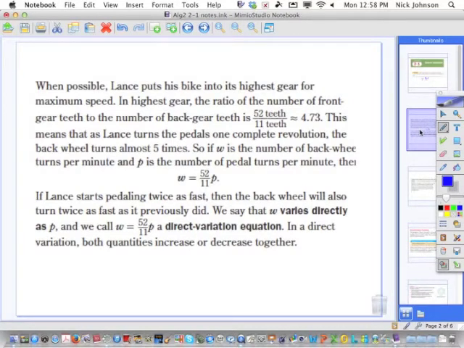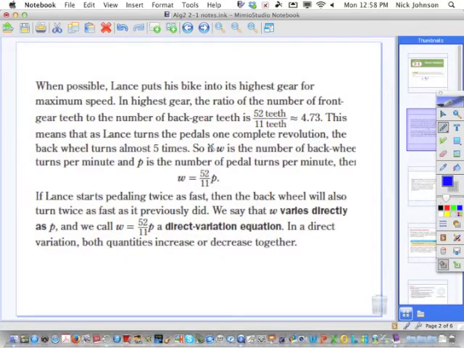When possible, Lance puts his bike into its highest gear for maximum speed. In the highest gear, the ratio of the number of front gear teeth to the number of back gear teeth is 52 teeth divided by 11 teeth, which is approximately 4.73.